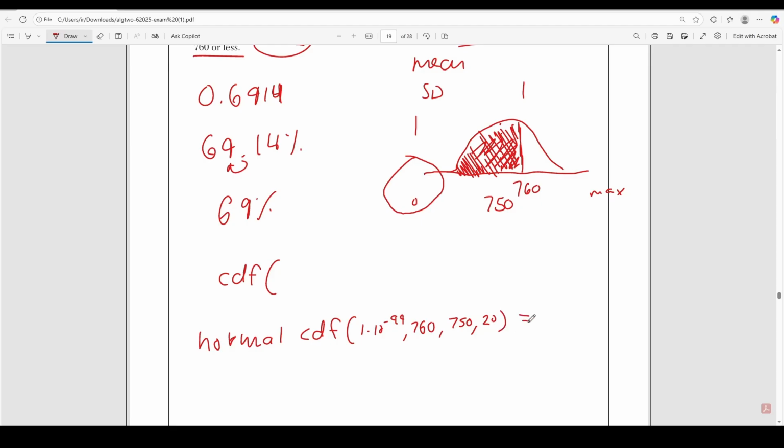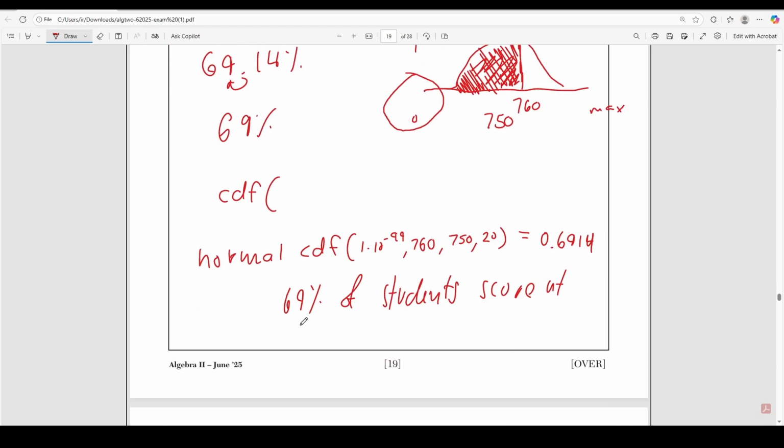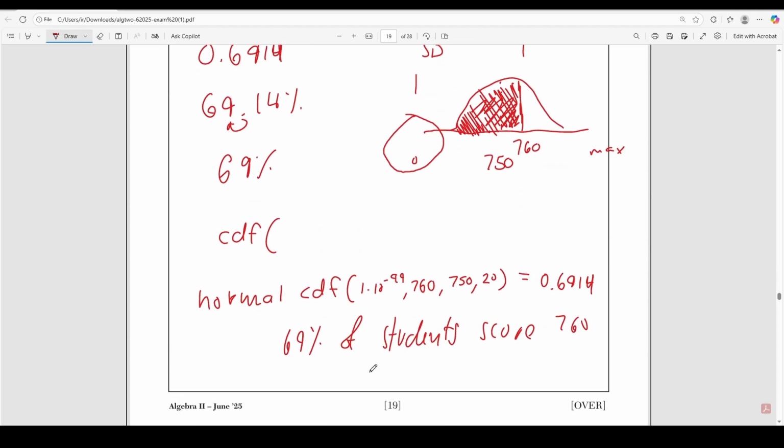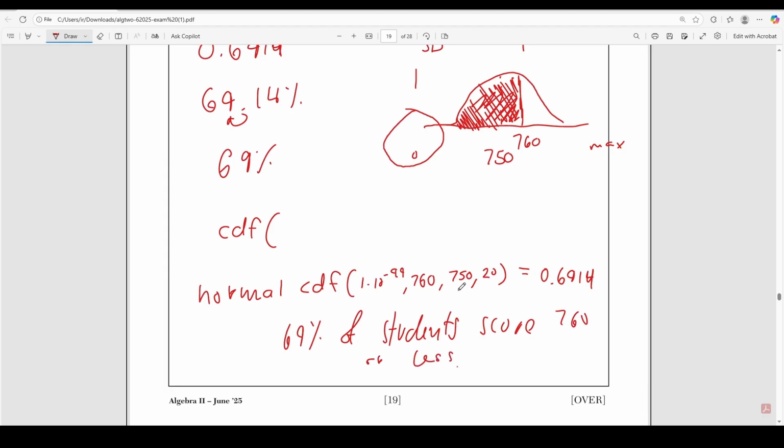And you close the parentheses, you say that's equal to 0.6914, and then you conclude that 69% of students score no more than 760, or score 760 or less. That's all you needed to do here.